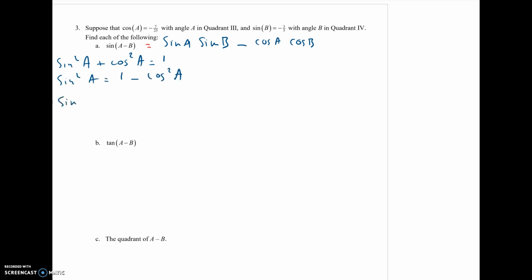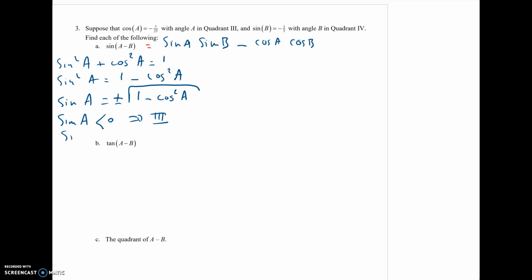I take the square root, therefore I end up with plus or minus the square root of 1 minus cos² of the angle A. Because I know that I am in quadrant 3, sin A is negative, therefore sin A equals negative square root of 1 minus cos²A.